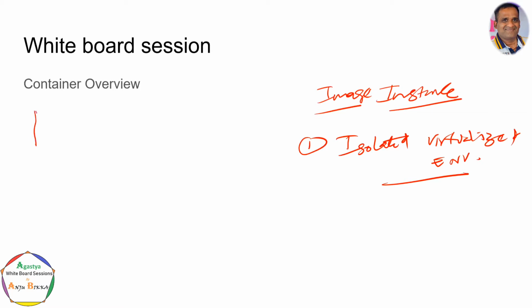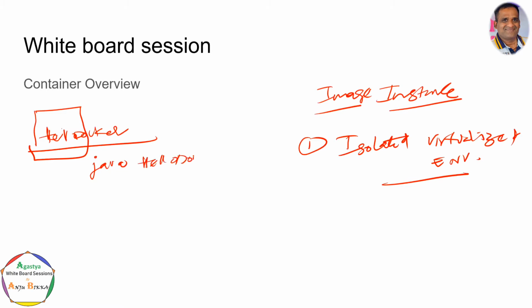When we have a program, for instance, hello Docker, a Java program. The program name is hello Docker. Once we have that program, we are going to run it by using the command java hello docker. When we run this program, it starts executing.